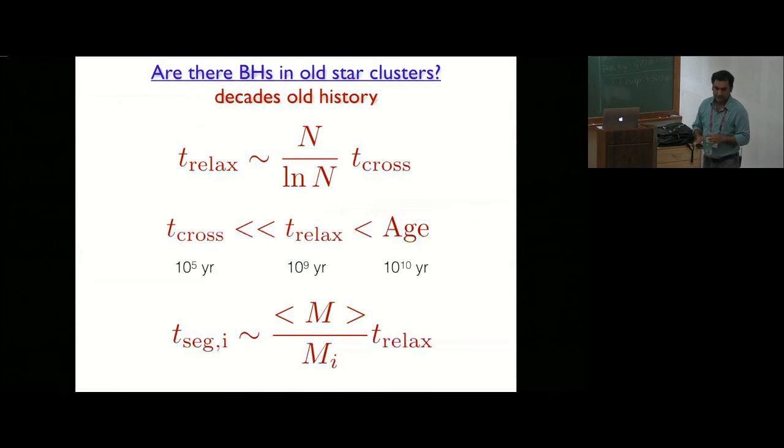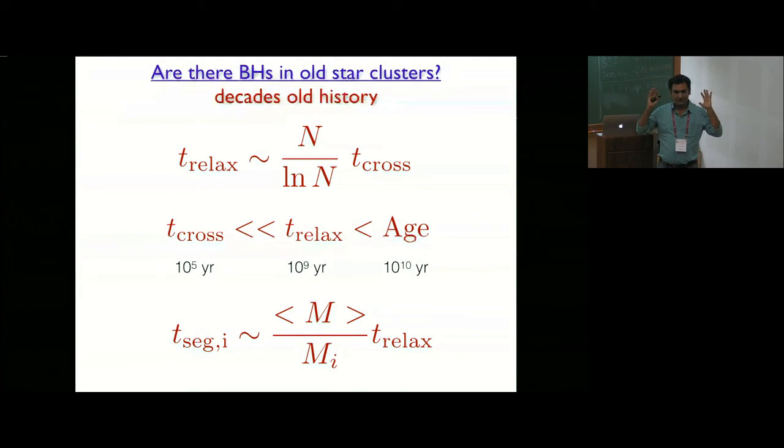Another thing that's very interesting, and this is the story where I will stop after telling you the story. So the real question is: what I have told you so far is that globular clusters form a large number of black holes.